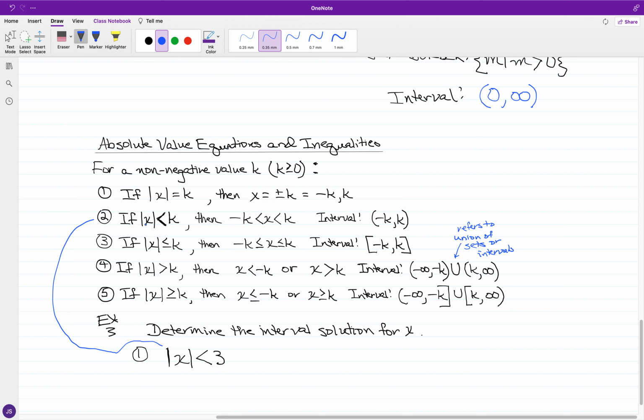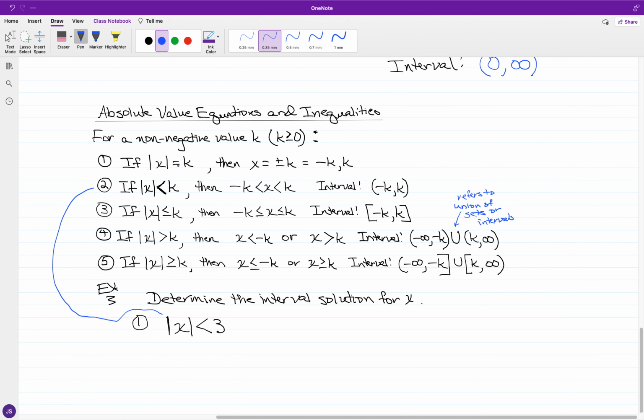If the absolute value of x is less than k, which happens to be 3, then upon removal of the absolute value notation surrounding x, we compare x with the numbers with an absolute value of 3, so those would be negative and positive 3. And so negative 3 is going to be less than x, which in turn is going to be less than 3.